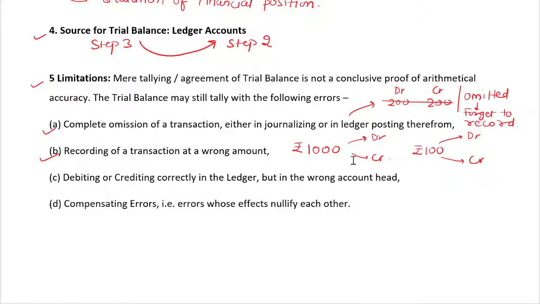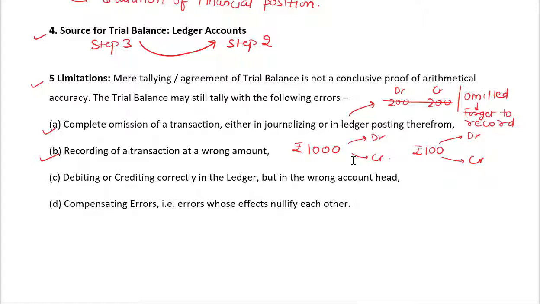In that case, with respect to arithmetical accuracy, the trial balance will still tally, but it doesn't mean that the trial balance does not contain any errors. The trial balance will still contain errors, but those errors will not be there on the face of the trial balance.